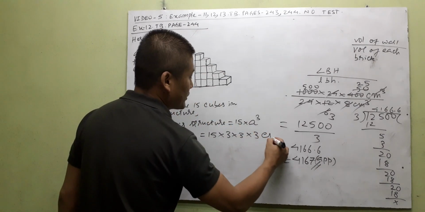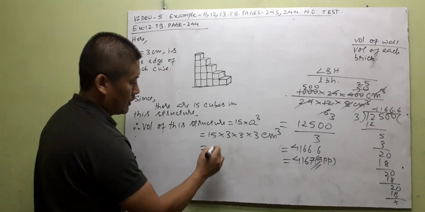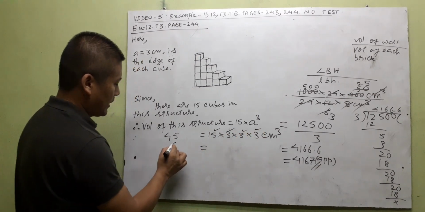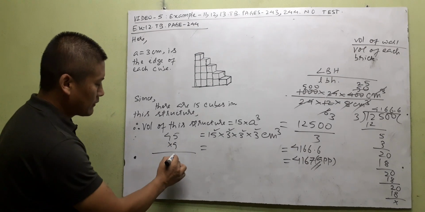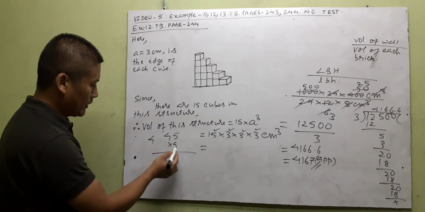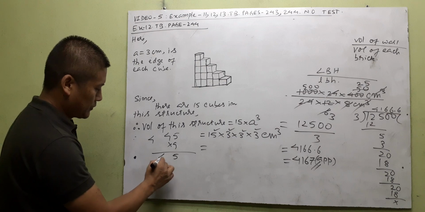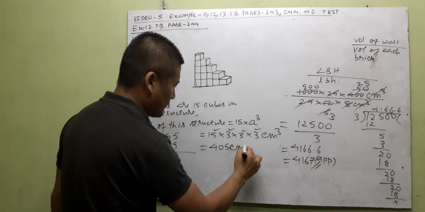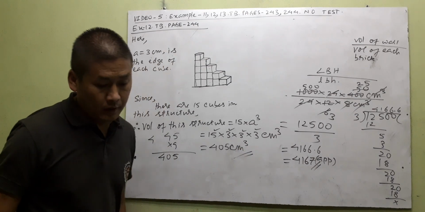And volume is 3-dimensional, so centimeter cube. Now 15 3s are 45, so let us just do it like this. 3 3s are 9, so you multiply this. 9 5s are 45, 4 in hand. 9 4s are 36 plus 4, 40. So the total volume of the structure is 405 centimeter cube.